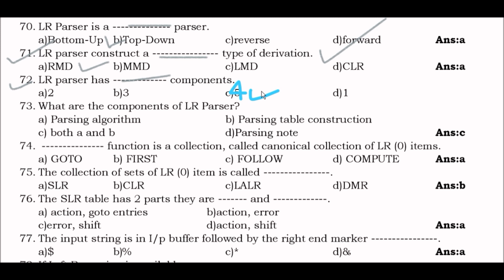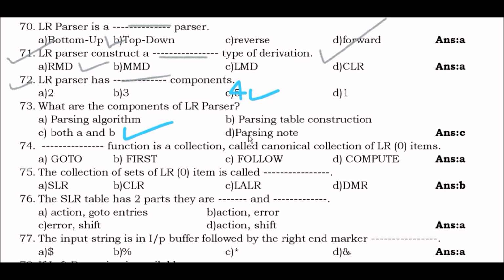Next question, what are the components of LR parser? Option A parsing algorithm, option B parsing table construction, option C both A and B, option D parsing note. Right answer is option C, both A and B. So the components of LR parser are parsing algorithm and parsing table construction.